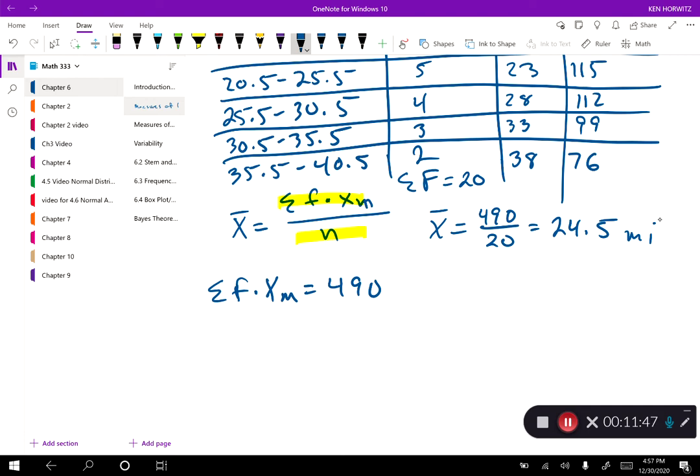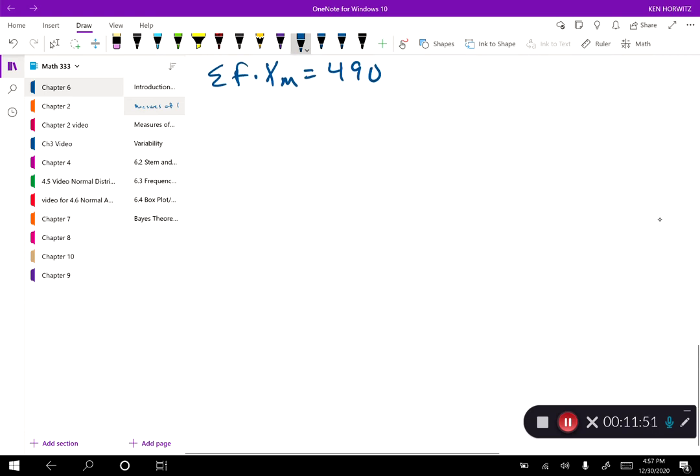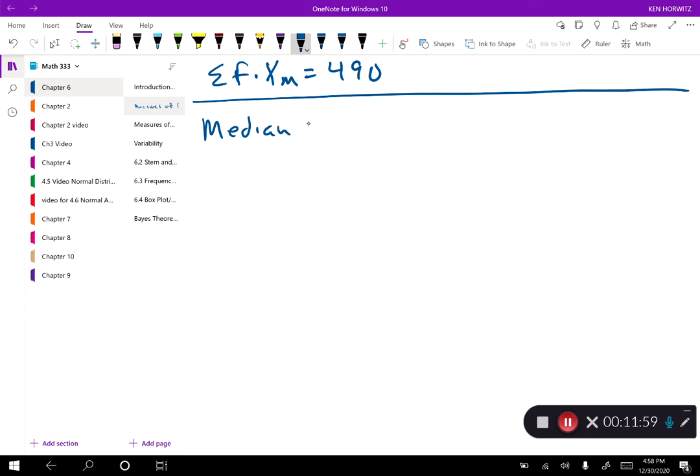All right, so the next measure of central tendency is called the median. The median is considered the middle of your data. Some people say the middle value of your data.